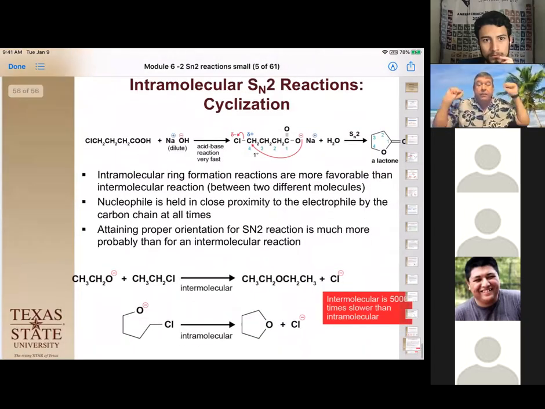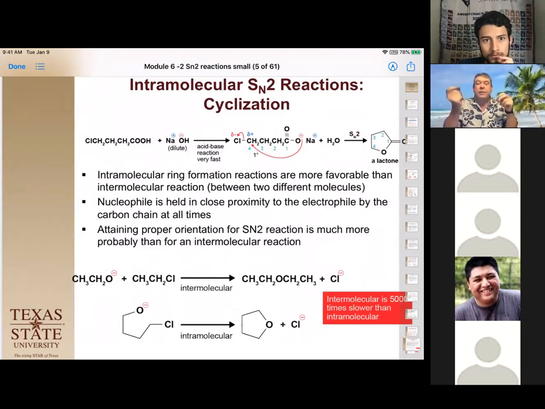Okay, the last thing I want to talk about with SN2 reactions is the thing that's kind of hard: what if you make a nucleophile on the same molecule that you have a leaving group on? Okay, so this means that you have a nucleophile in close proximity to a substitutable carbon, right?